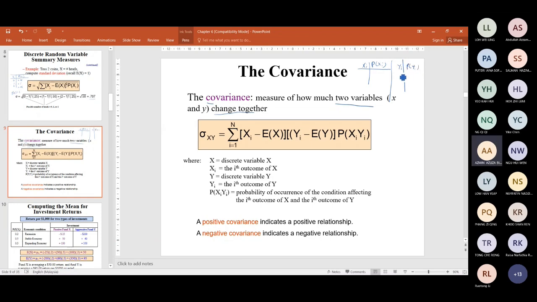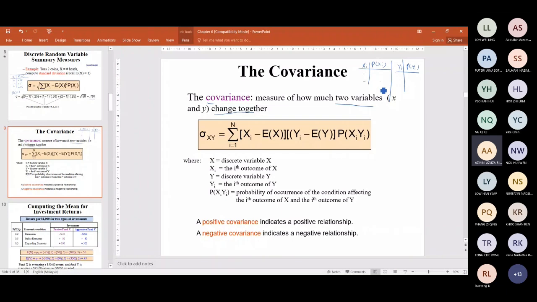And from here you can find the expected value E(X), and also E(Y), the expected value for this data.